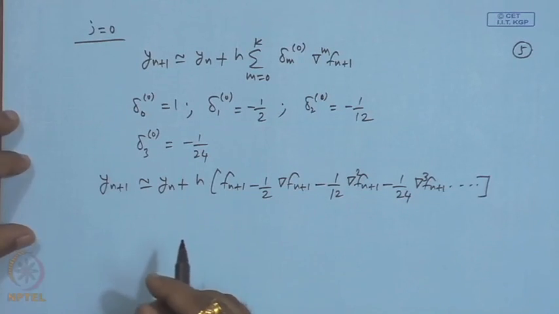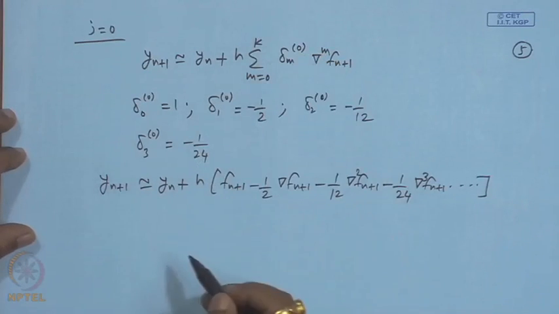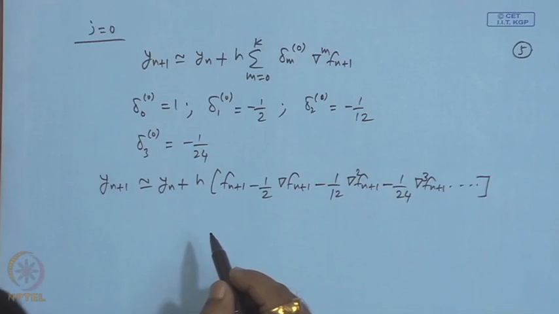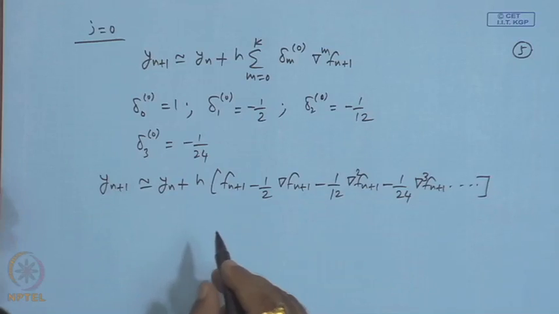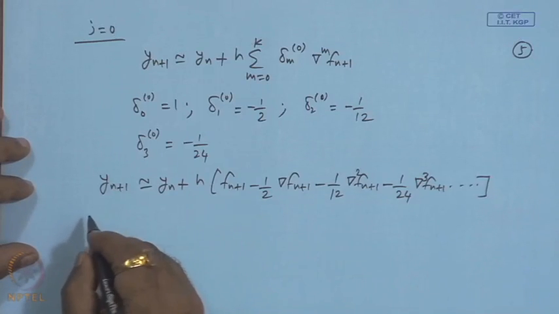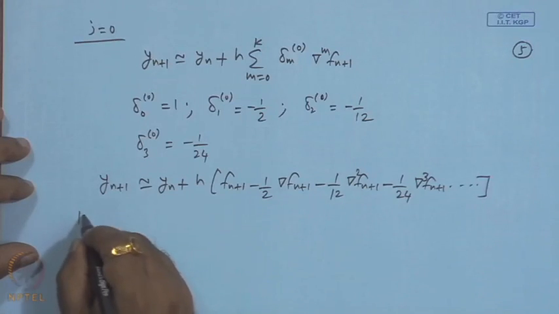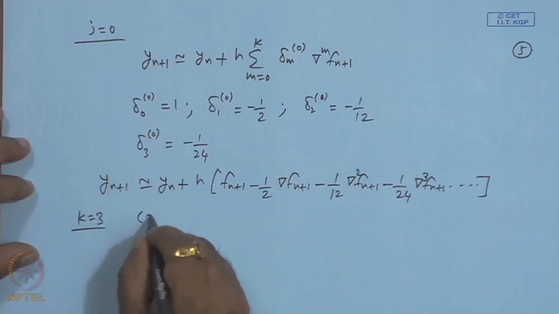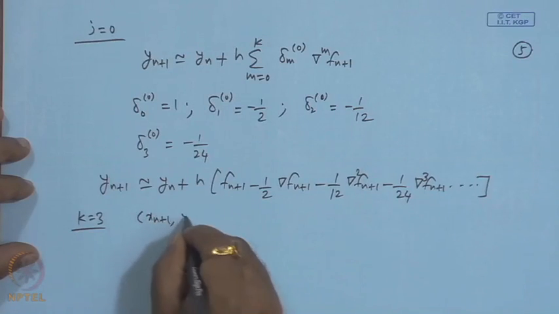Now, what is the option in our hand? K. How many points are we using to interpolate the polynomial? Suppose we use 3 points that includes x n plus 1.